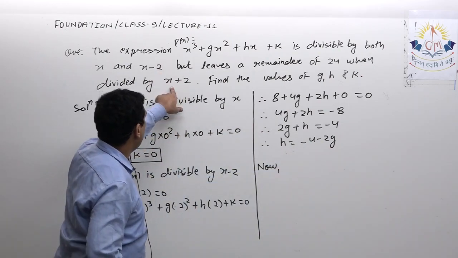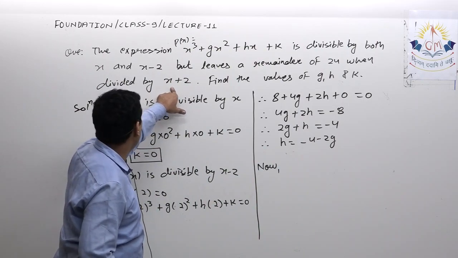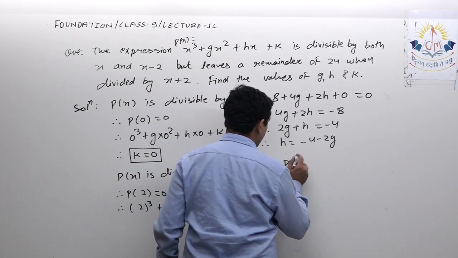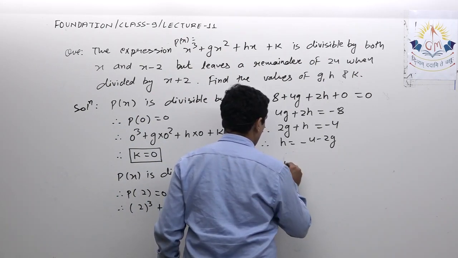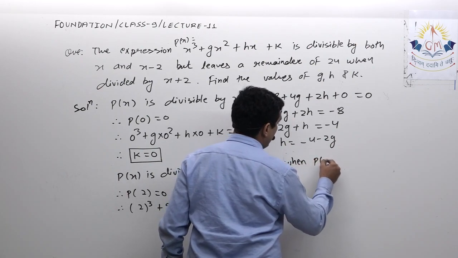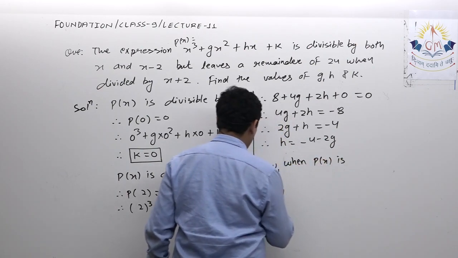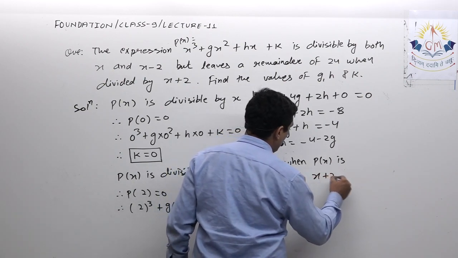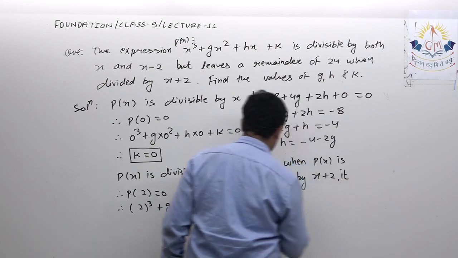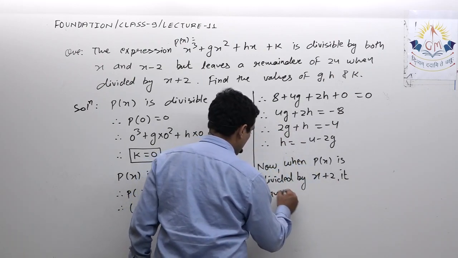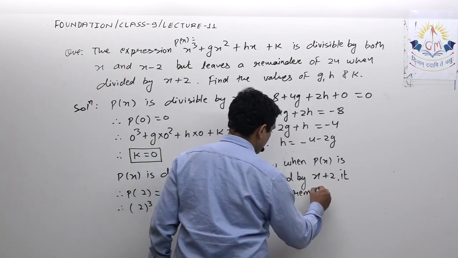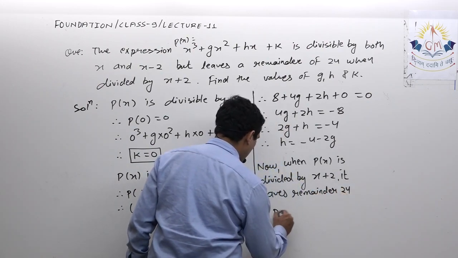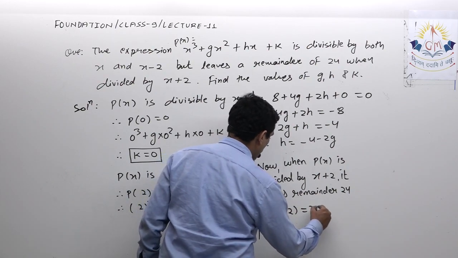Now it is given p(x) leaves remainder 24 when divided by x plus 2. When p(x) is divided by x plus 2, it leaves remainder 24. Therefore I can say p of minus 2 is equal to 24.